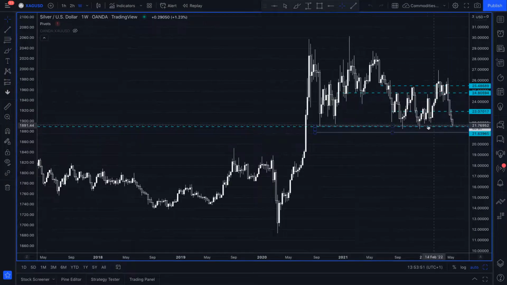You'd expect to find buyers on that support level. And if there's a disappointment on the CPI print on Wednesday, expect silver to push higher. Definitely worth looking at silver. Stops could be put just underneath 21 if you wanted to be a little bit more speculative. Nothing wrong with having stops just below 21 for now.